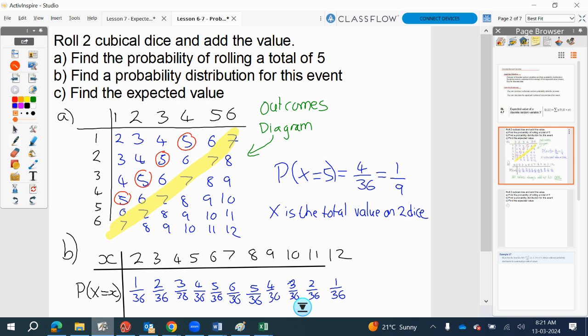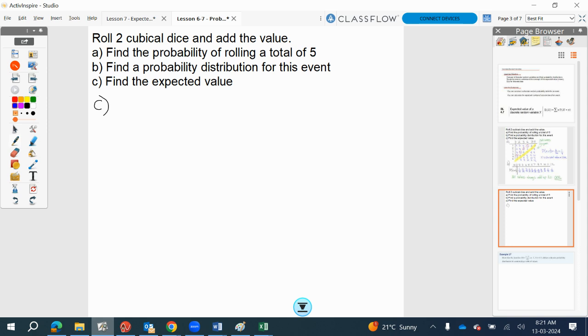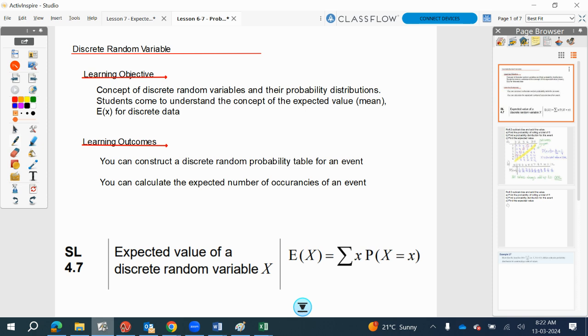But I'll show you the calculation because it is tricky to do. If the probability distribution is not symmetrical, you need to do this calculation. So just going back to the formula. The expectation of the event is given by the sum of each x value times the probability of each x value. Looks more complicated than it is.